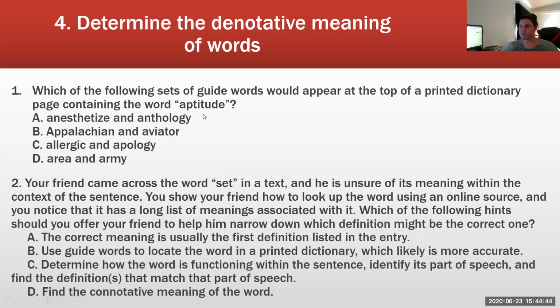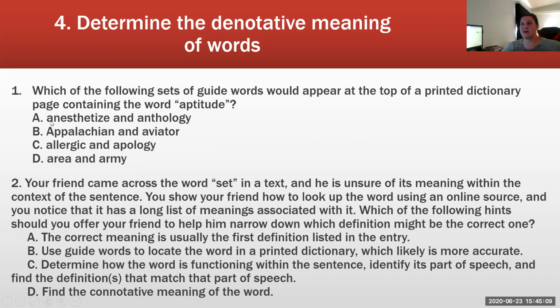So which of the following sets of guide words would appear at the top of a printed dictionary page containing the word aptitude? If we're looking for aptitude in a dictionary, we're looking for the letters before APT and the letters that would come after APT.